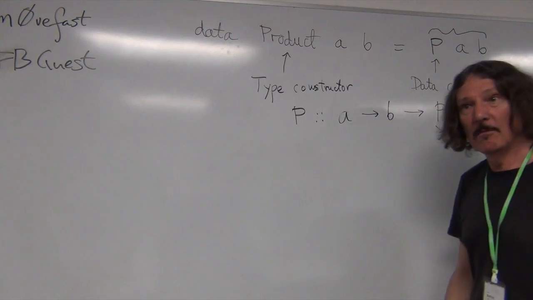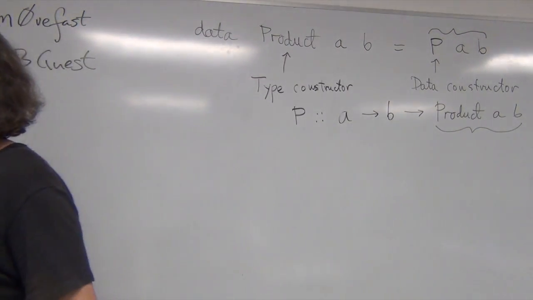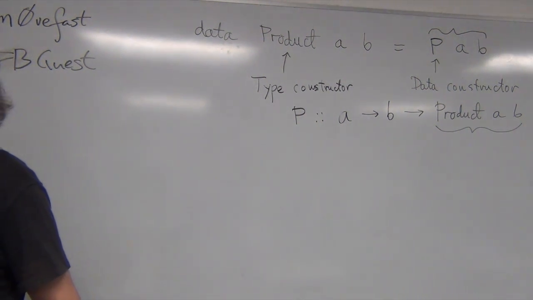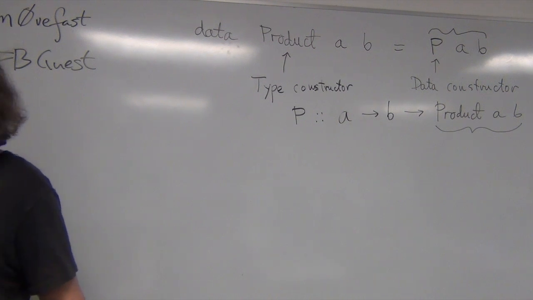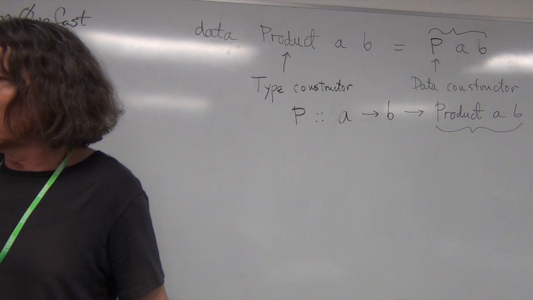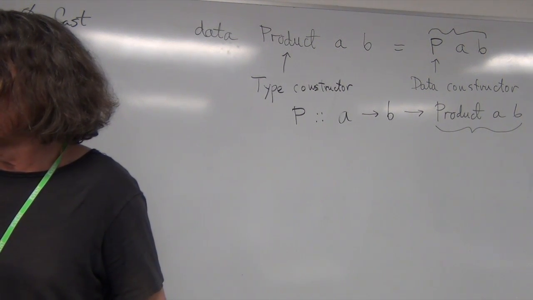Bartosz, how is it that you know that the same thing cannot be constructed in two different ways? What do you mean by the same thing? Like once you have P of A B, how do you know it's not Q of A B?